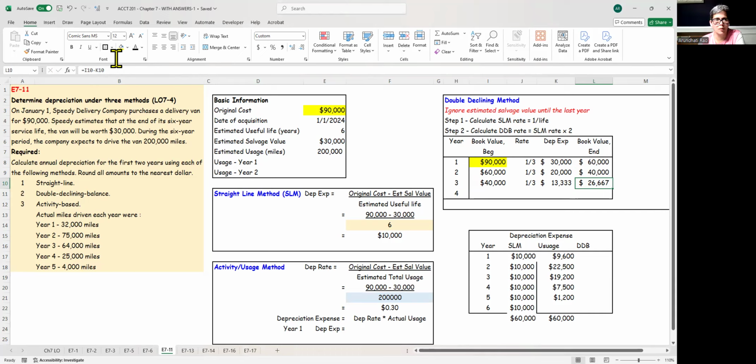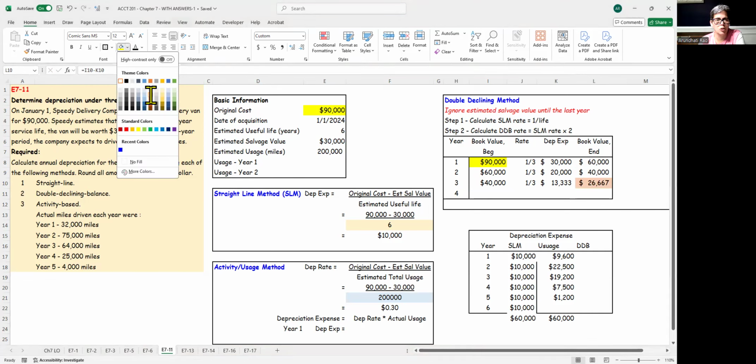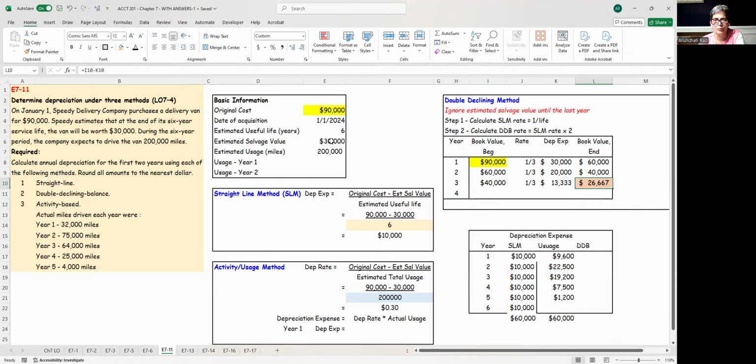Now, this is a problem. And the reason this is a problem, let me show you what I'm talking about over here. Remember I said ignore that salvage value until you get to the last year? Well, this happens a lot sooner, in the third year itself. This ending book value is going below the salvage value. I don't want that to happen.